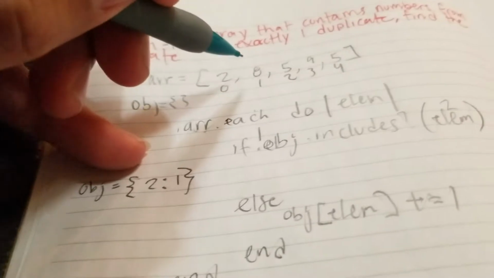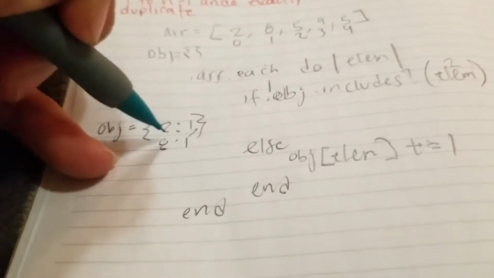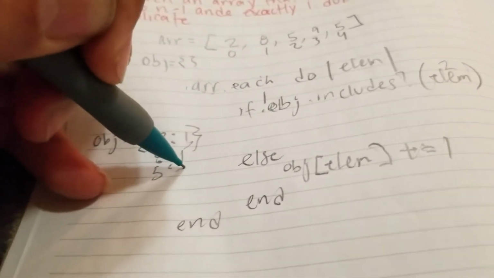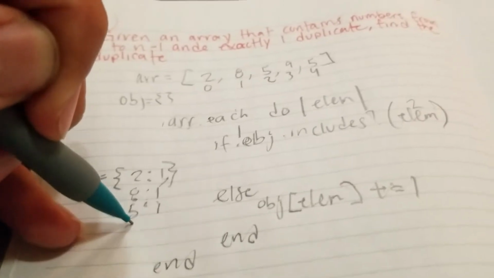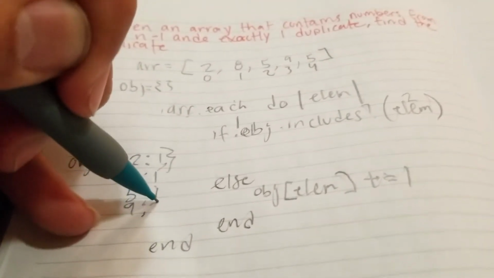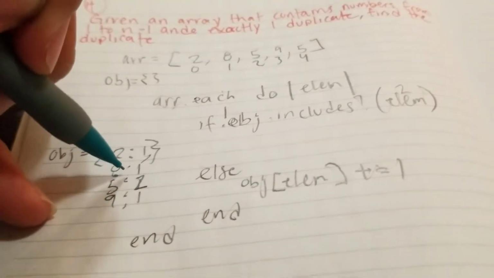And then when we add the number 8, it would be 8, 1. When we add the 5, same thing. Same thing for the 9. And then when we get the 5, this would go up to 2.